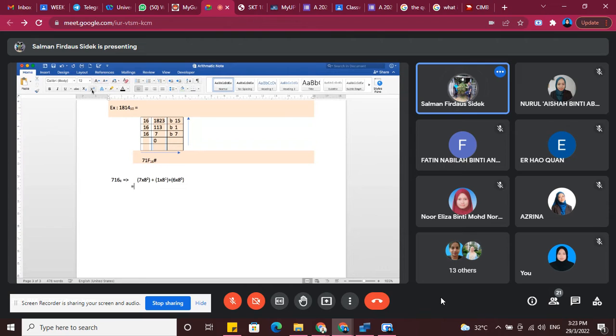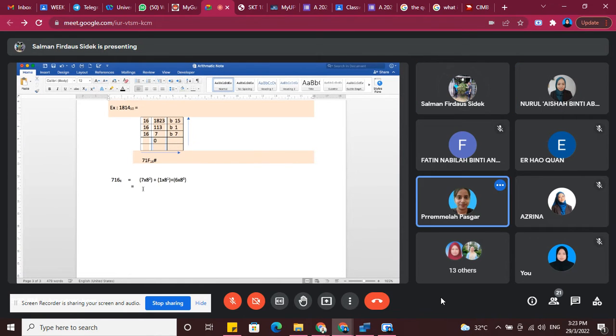Berapa kita dapat dekat sini? 8 kali 8, 64. 64 kali 7, dapat 448. 448 plus 6 kan?